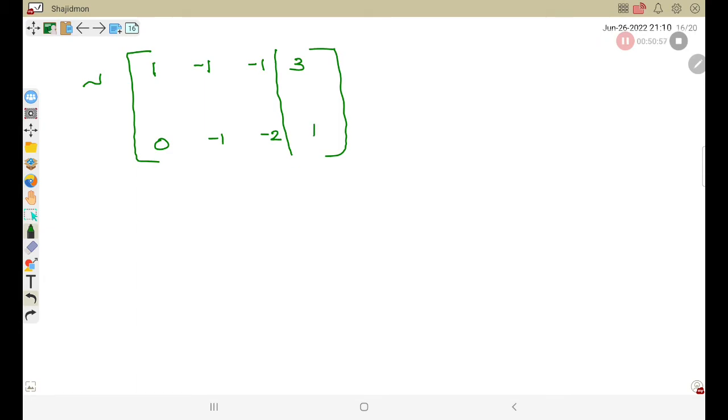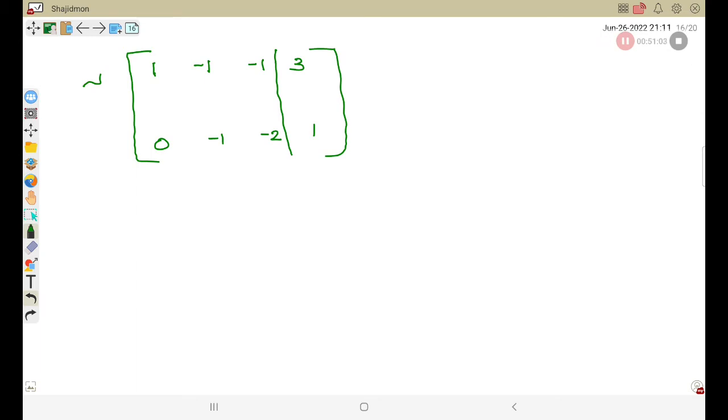So equivalently the matrix: first row no change, correct. So 1, minus 1, minus 1, 3. Third row no change, 0, minus 1, minus 2 and 1. Second row, the complete row we divided by minus 1.